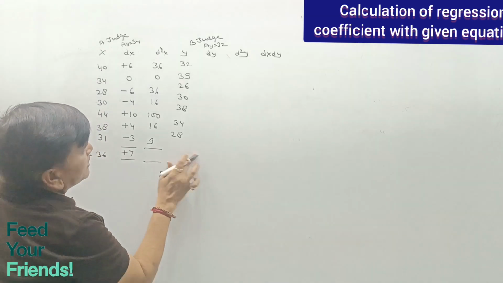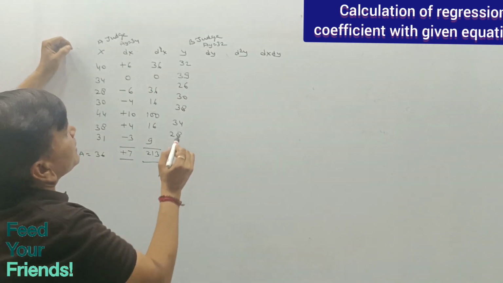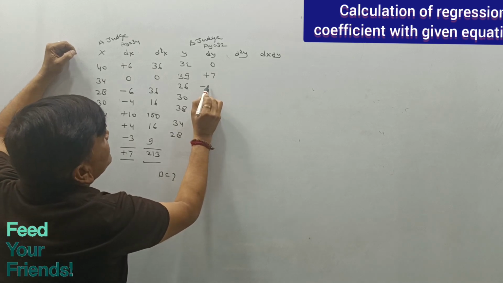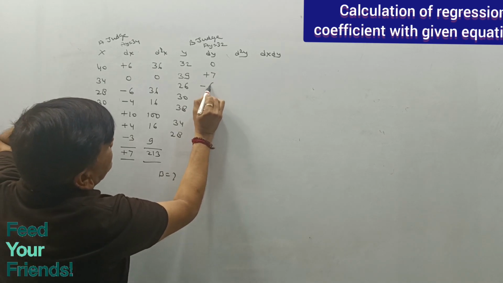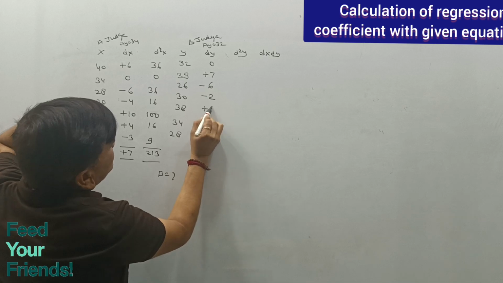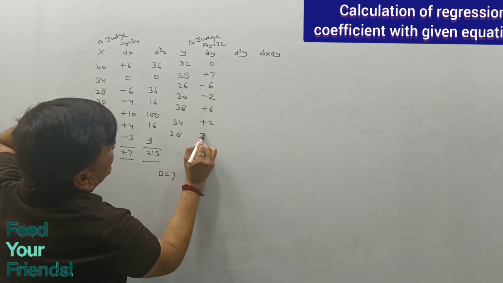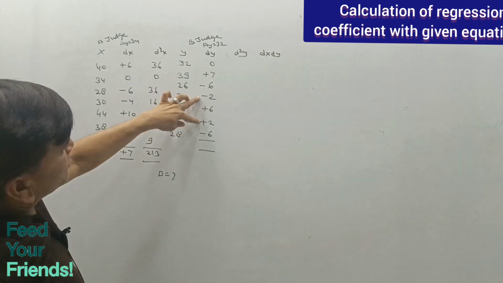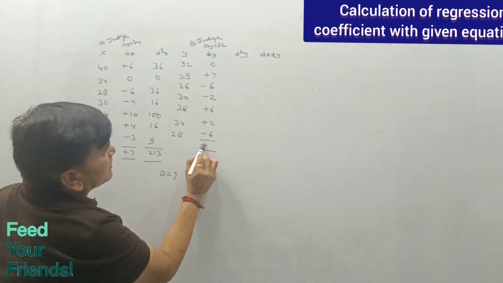Now for y, we have taken 32, so this is 0, plus 7, minus 6, minus 2, plus 6, plus 2, minus 6. The 6 and 6 cancel, 2 and 2 cancel, so plus 1 is over there.